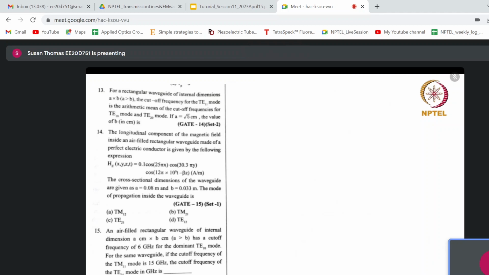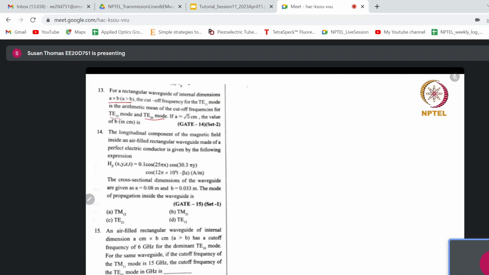Moving on to the next question. For a rectangular waveguide of internal dimensions A cross B, where A greater than B, the cutoff frequency for the TE11 mode is the arithmetic mean of cutoff frequencies for TE10 and TE20 mode.